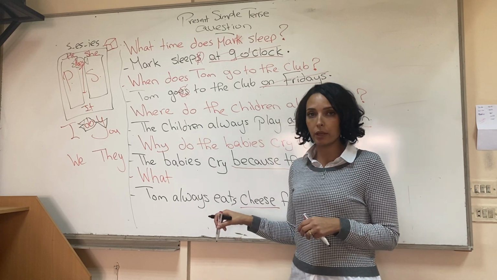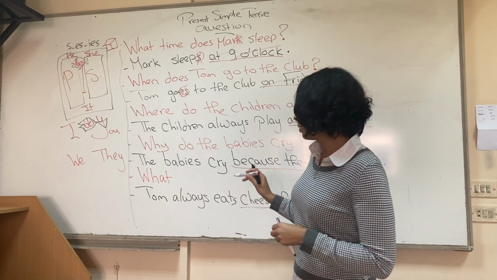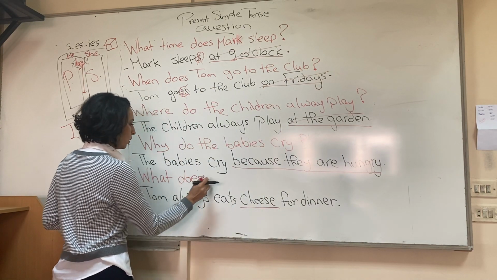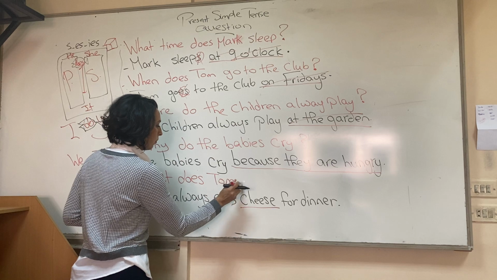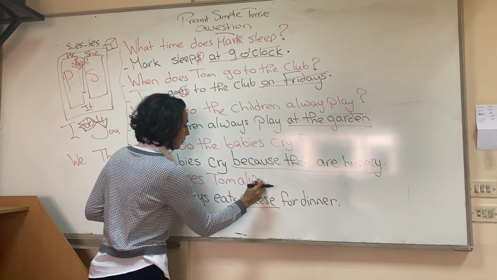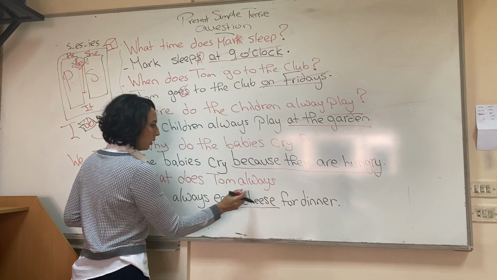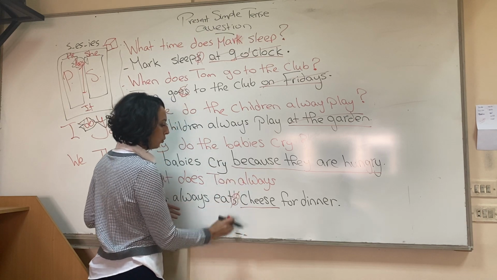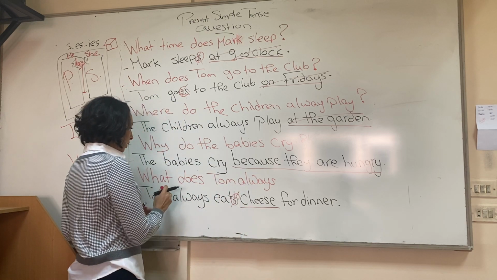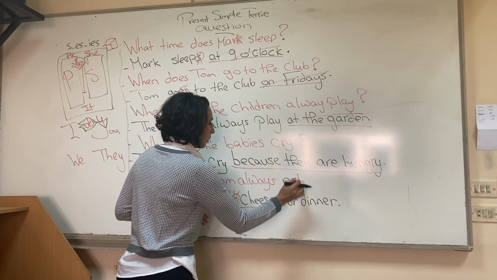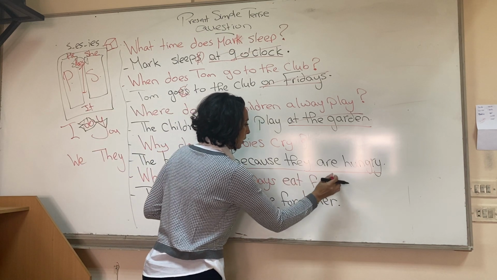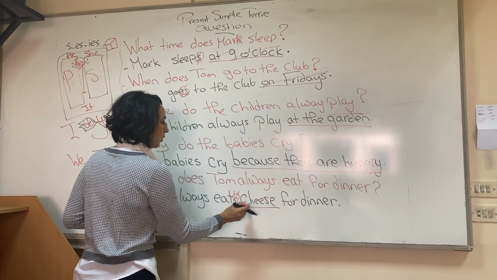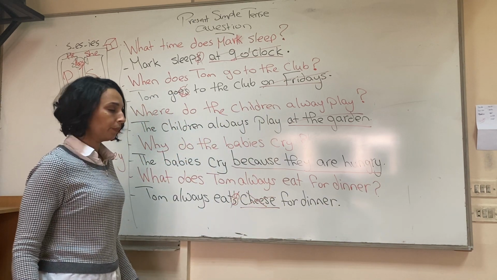You have a present with them. Does. What does Tom always eat? Don't forget to cross the present. For dinner. And the question mark.